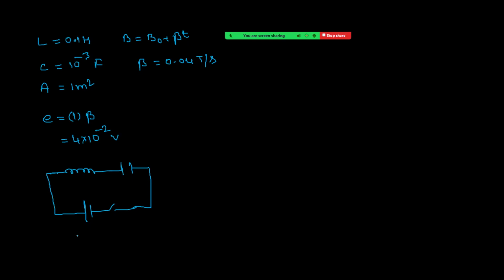And for this battery, EMF is now 4 into 10 power minus 2 volt. This is now the question. Okay. Means instead of giving inductor and capacitor, there is a series combination with a battery. We are given the battery's EMF indirectly. Okay. Right. Now coming to the calculation part.